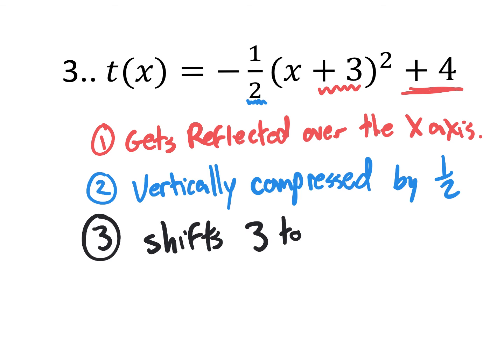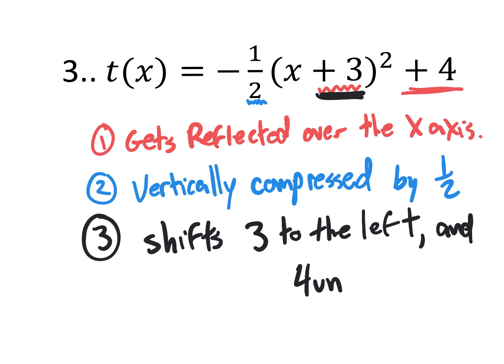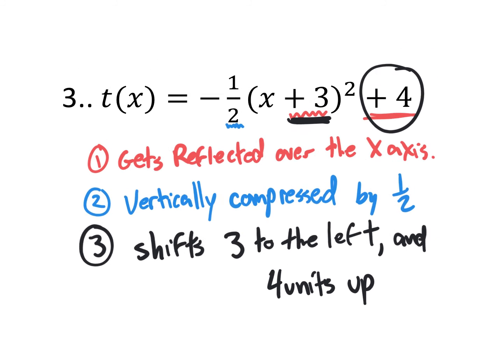It shifts 3 to the left, because obviously if it's a plus 3, it's going to be a minus 3, which means 3 to the left, and 4 units up, because you take that one for what it is. And that's describing every single transformation from the original parent graph y equals x squared to this new graph t of x that has all these different changes.